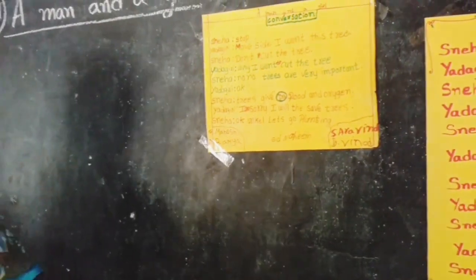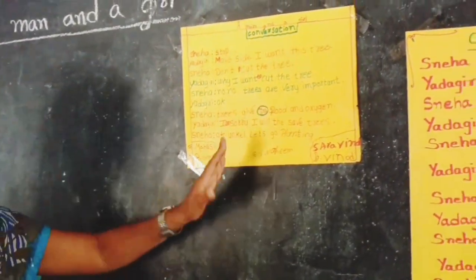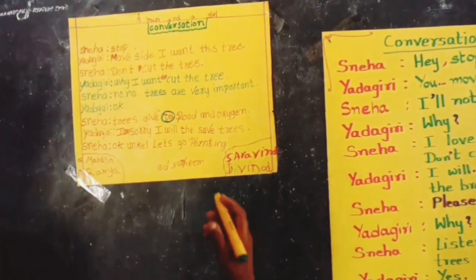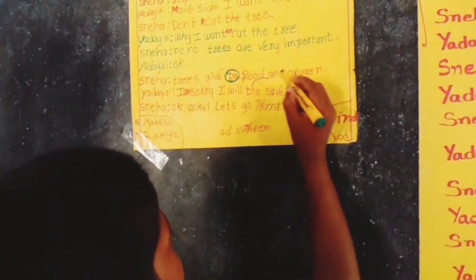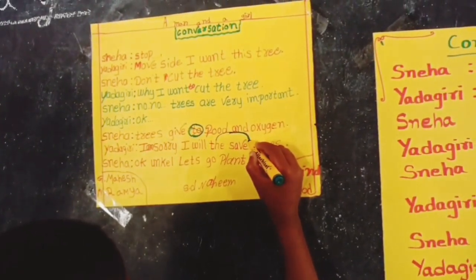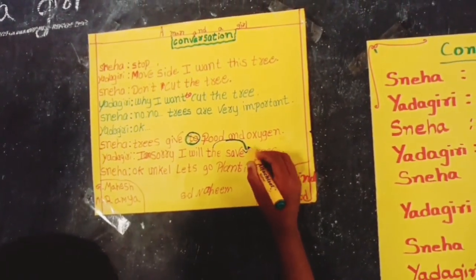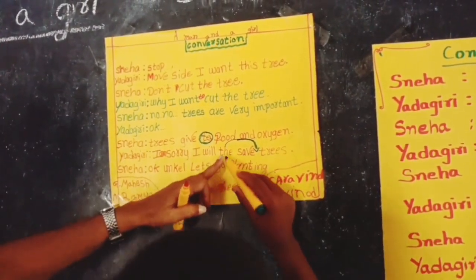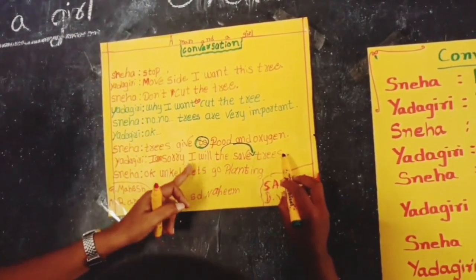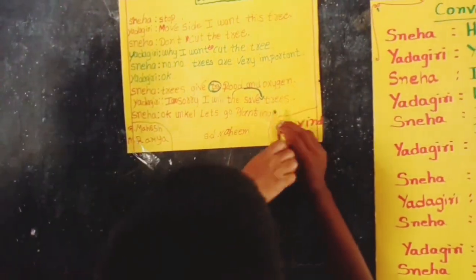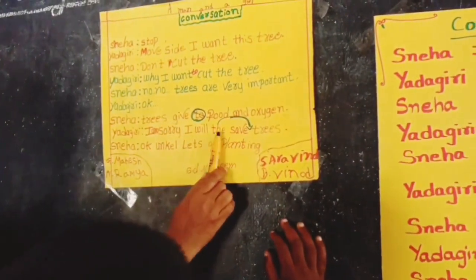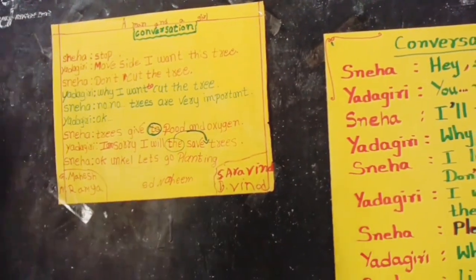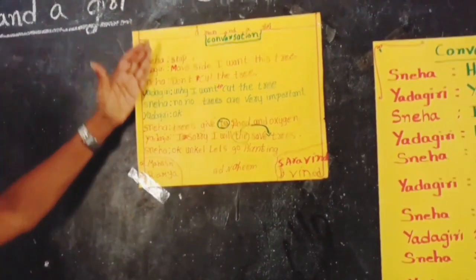Yes, Mahendra, you want to do something? What will you do now? Yeah, come on. Do it. Okay. Now read it. I will save the trees. Okay, so the went here. I will save the trees. So the should go here. Okay. Fine.